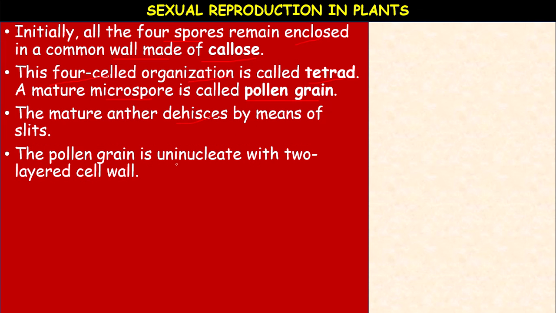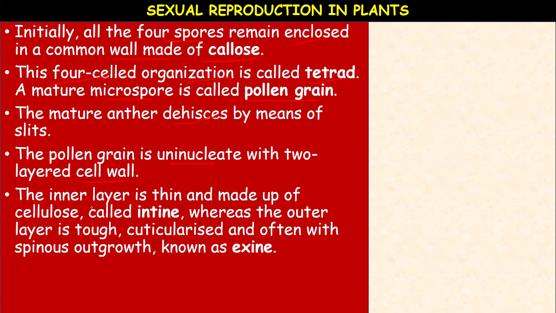The pollen grain is uninucleate, meaning after the formation of the pollen grain it contains only one nucleus with a 2-layered cell wall. The inner layer is thin and made up of cellulose, called intine, whereas the outer layer is tough, cuticularized and often with spinous outgrowths, known as exine.